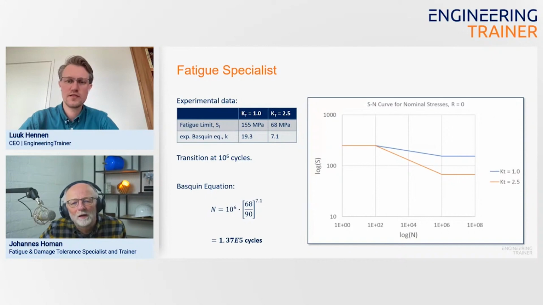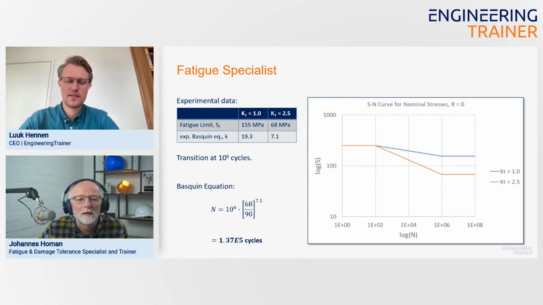Well, the diagram is of course very hard to use to read an exact number, so we can also use this Pascal equation, and with some rewriting we find that the number of cycles equals 10 to the power 6, and then we have that k here again, the exponent in the Pascal equation.